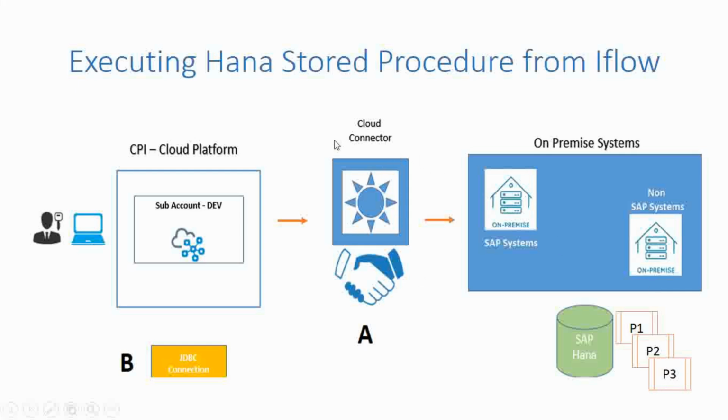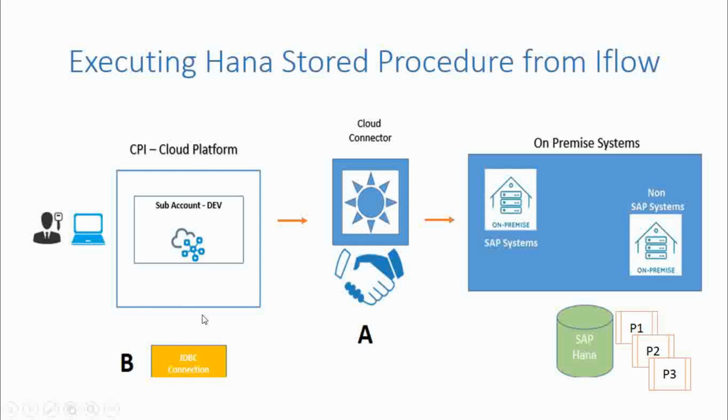And the second thing is the cloud connector. The cloud connector is the handshake between your BTP system and your on-premises system. So we will define all your accessible resources. And finally, the cloud platform, where I will define my JDBC connection.